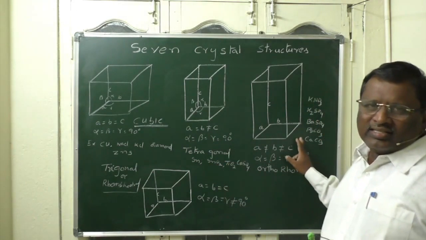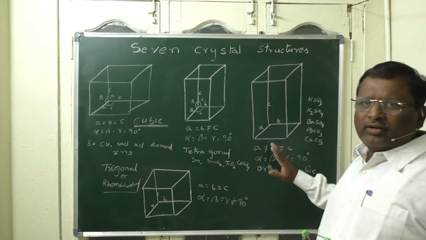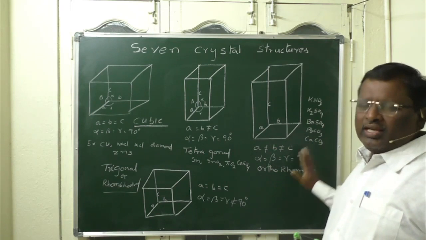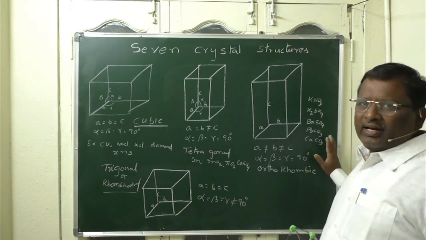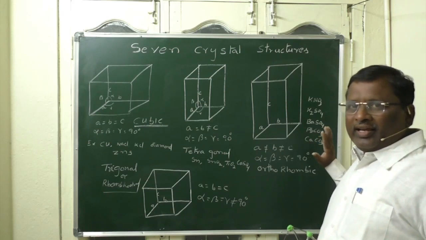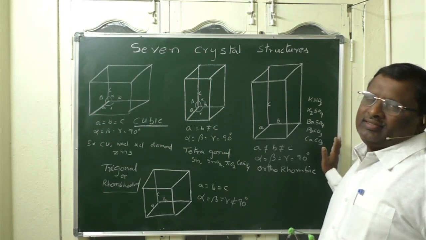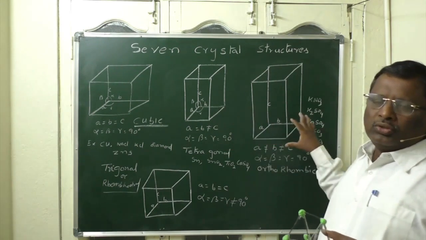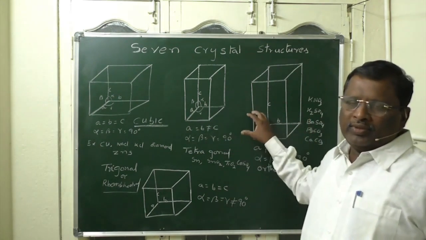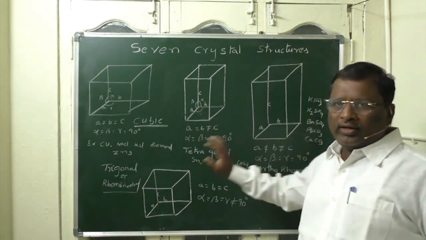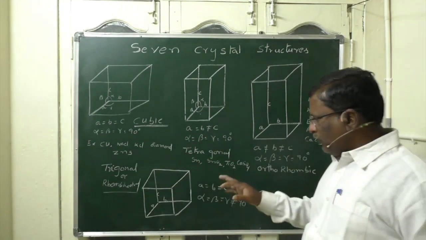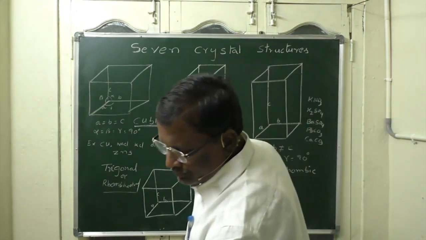In the third structure, A is not equal to B is not equal to C, but alpha, beta and gamma are equal to 90 degrees. So, it is very easy to remember CTOT.